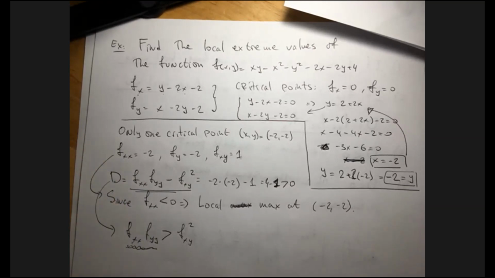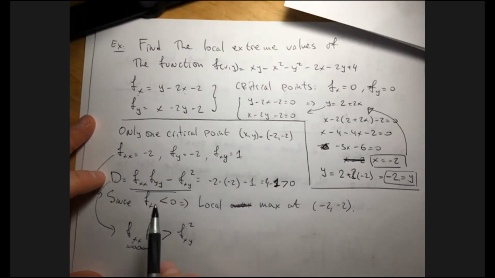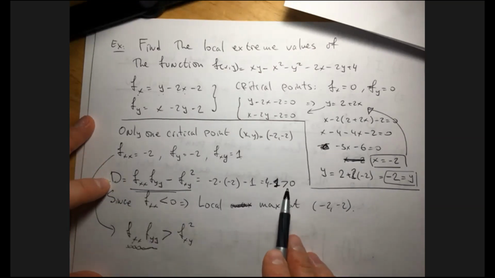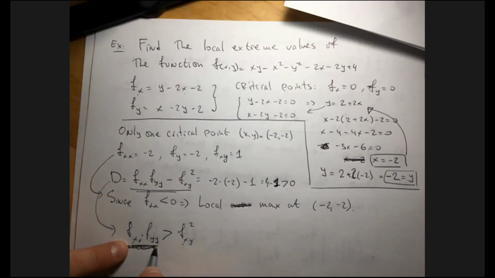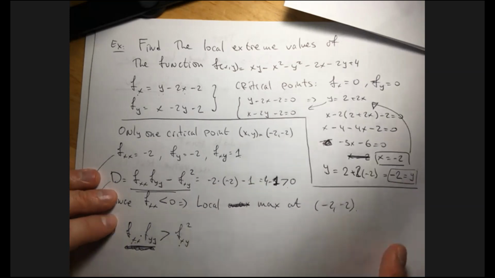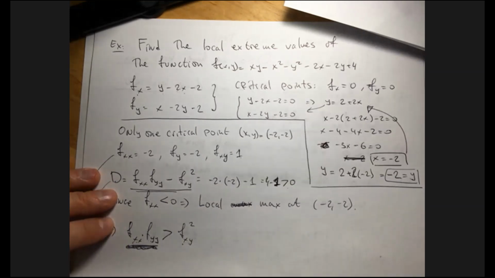But this is the idea, because if we're talking about local maximum or local minimum, the discriminant has to be positive. In order for the discriminant to be positive, this product has to be greater than the square of the mixed partial derivative. And this is positive if either both of them are positive or both of them are negative. So that means all I have to do is just evaluate one. Okay? Great, thanks.